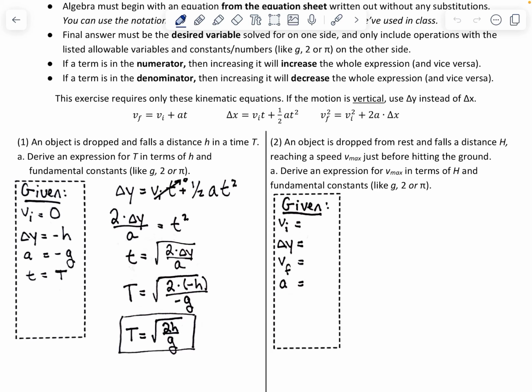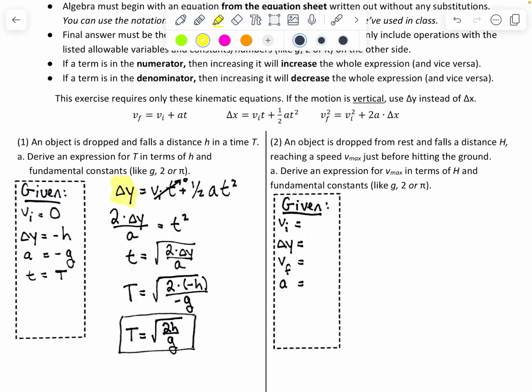Okay, so since this is free fall, our acceleration is negative g. Since it says that it's dropped, our initial velocity is 0. I started with the displacement equation arranged for the y direction, and so you can plug in the letters whenever you want. I decided to do all my algebra before I replaced the quantities with the givens.